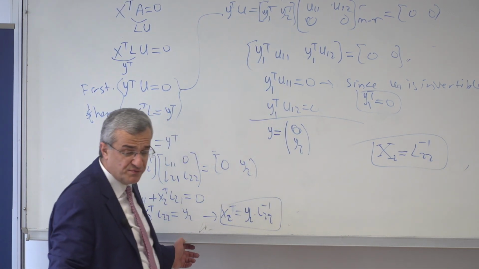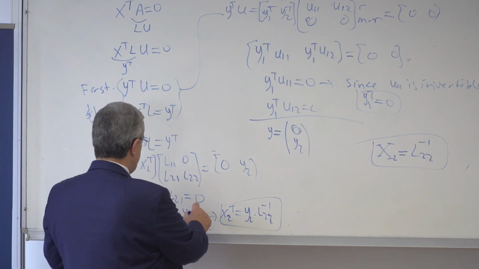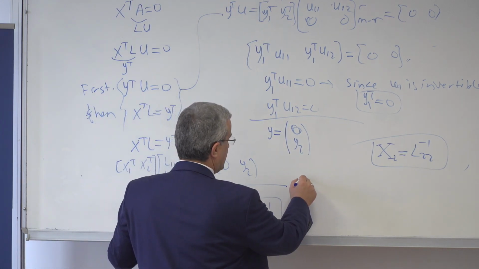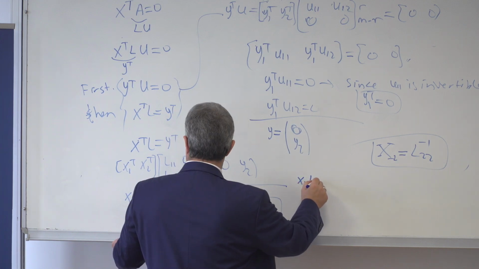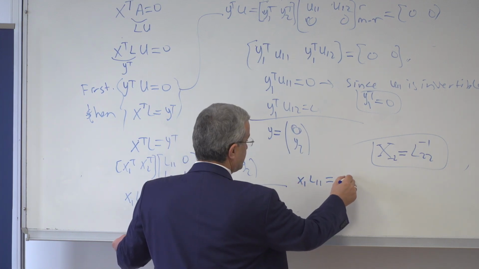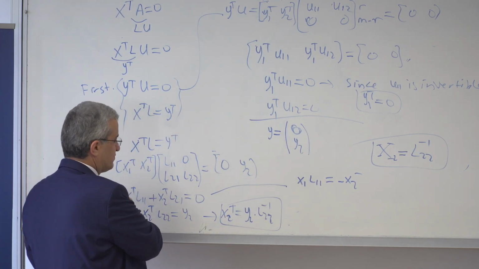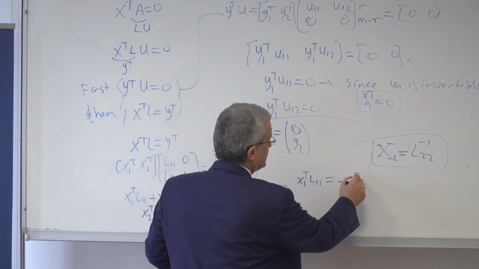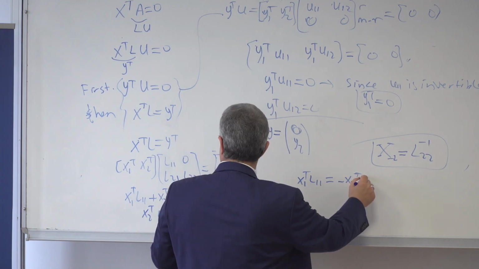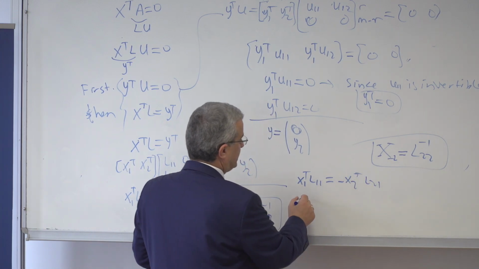So you have this all in the video. So from here, I have x1 L11 is equal to minus x2 transpose L21. Okay?